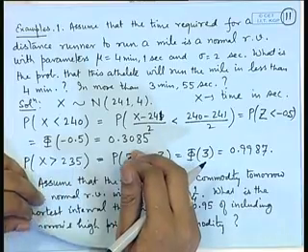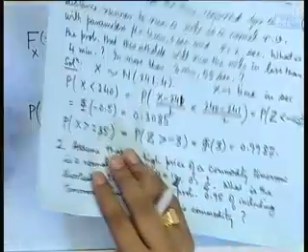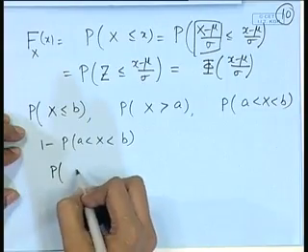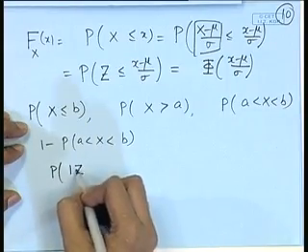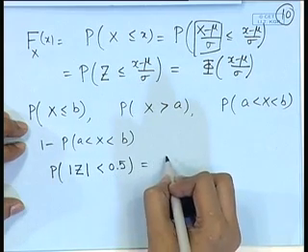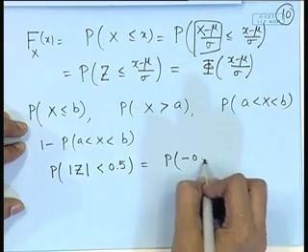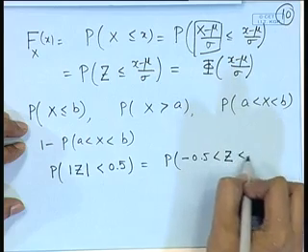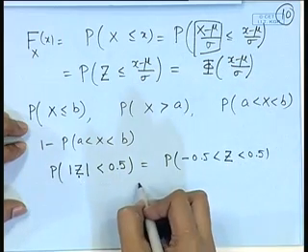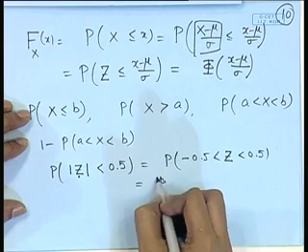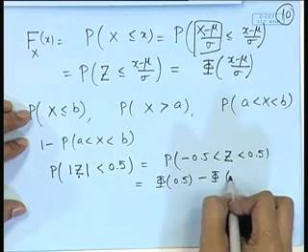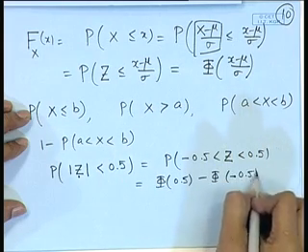So, if we consider the probability of modulus z less than 0.5, that is minus 0.5 less than z less than 0.5, where z denotes the standard normal distribution, this is equal to phi of 0.5 minus phi of minus 0.5.